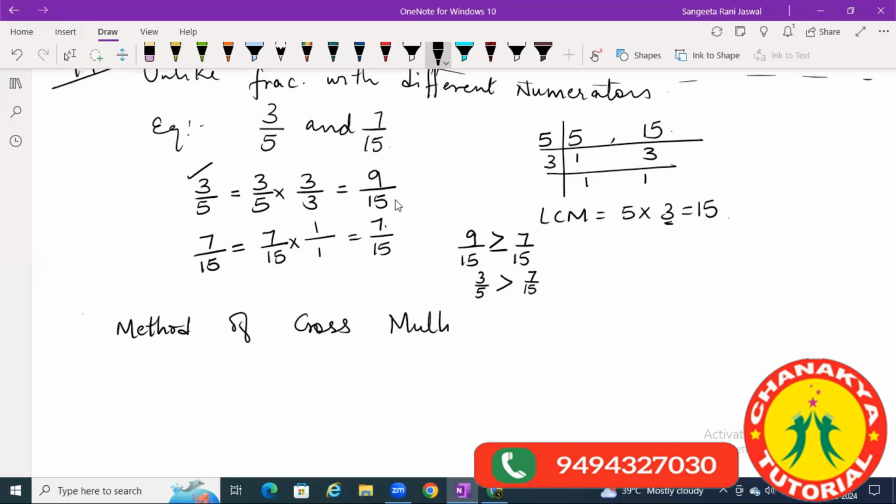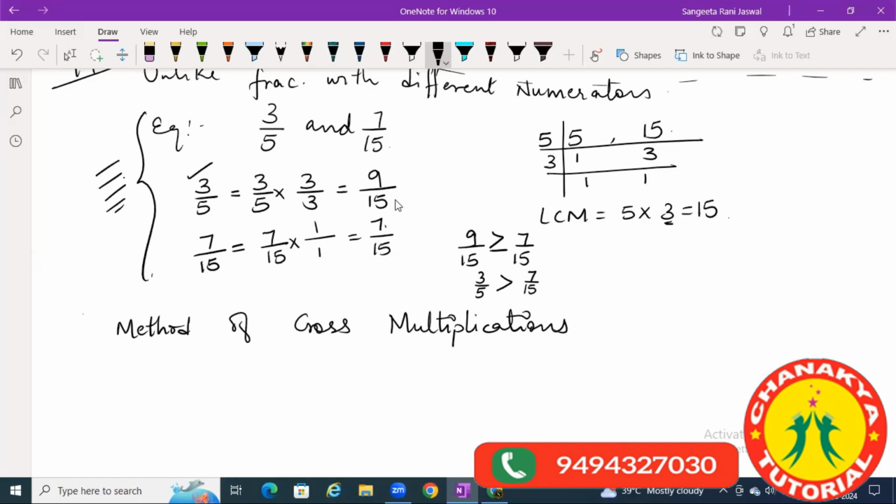Although this cross multiplication is a small, easy method, the first method that I taught you is widely used in maths.